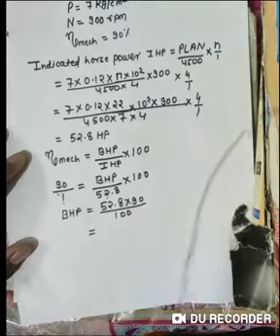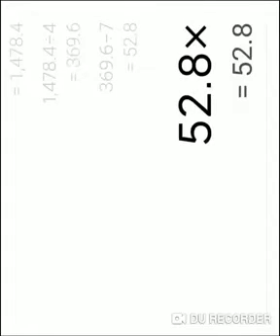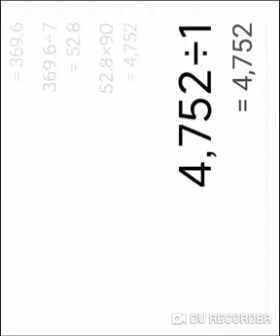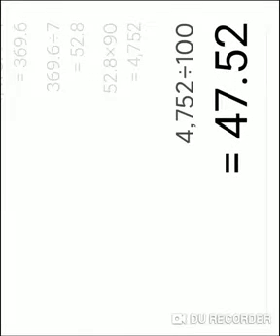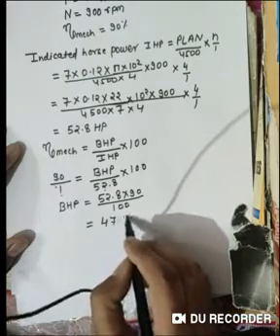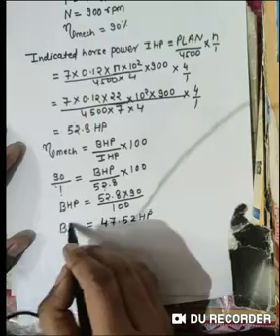So again we open our calculator. So 52.8 multiplied by 90, divided by 100. So 47.52. So 47.52 HP is your brake horsepower.